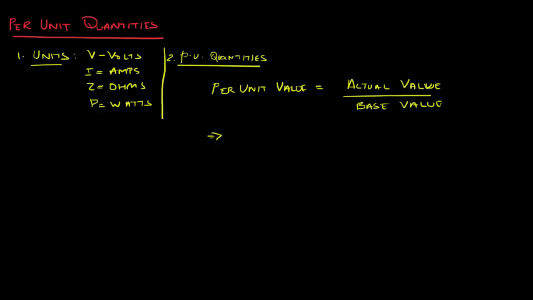What if someone gives you the per unit value? Well, in that case, it's obvious from this formula, the actual value is nothing but the PU value, which is the per unit value, which you will see being written in most places, just PU.